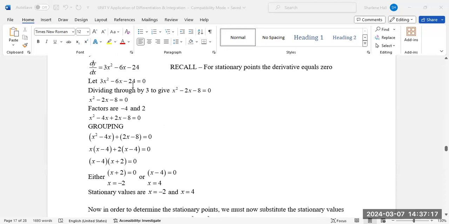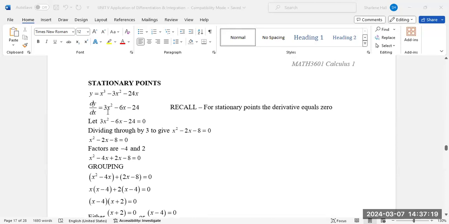Your problem was with the factorization. When you differentiated the function, what did you get? Talk to me now.